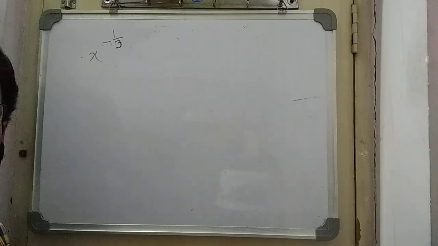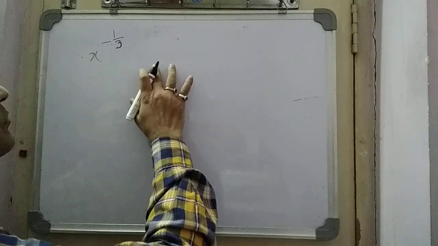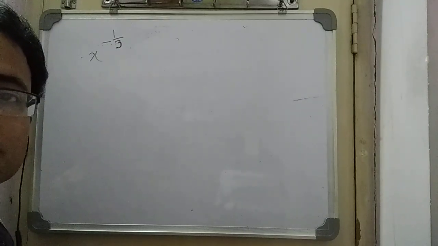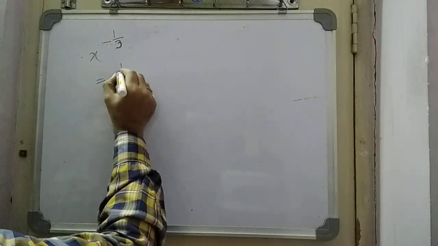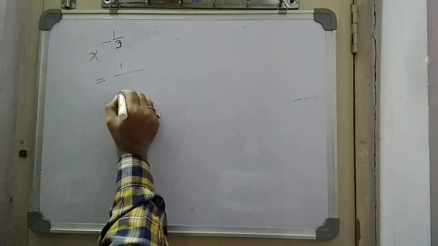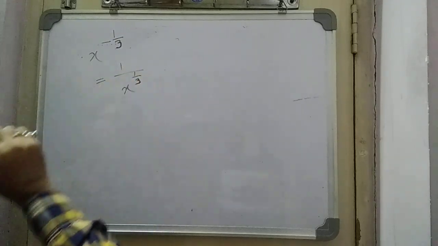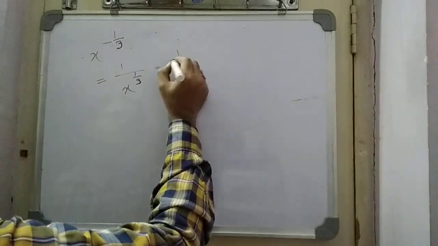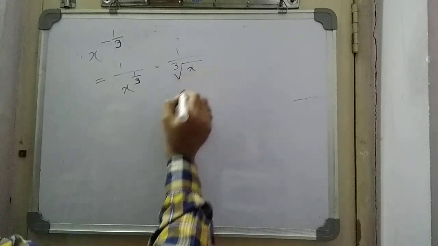So here multiplying x minus 1 by 3 times does not have any meaning. So what will happen? It will come like this in the index, so this is the cube root of x.